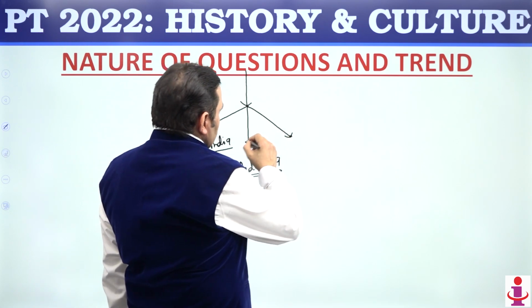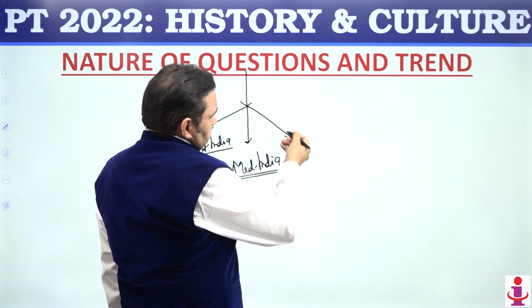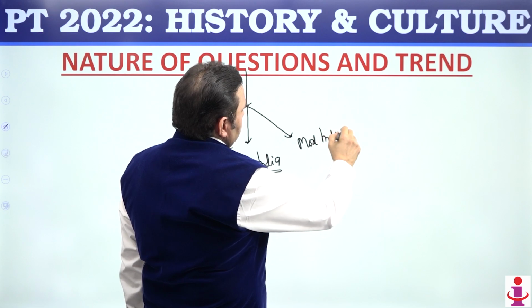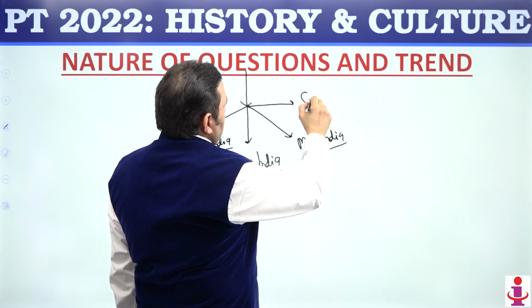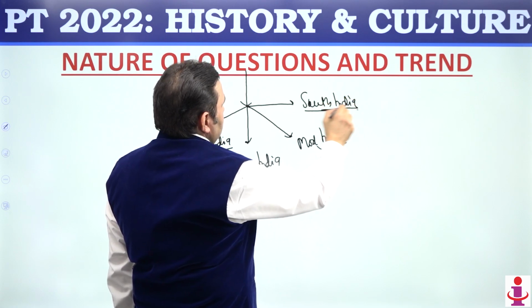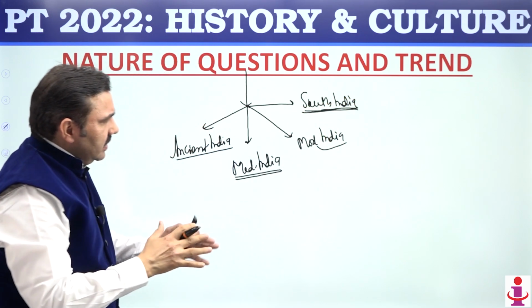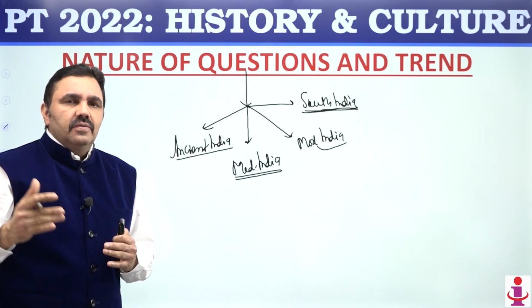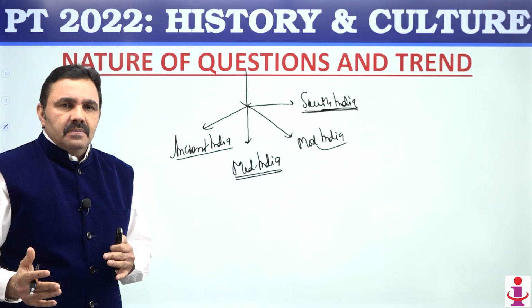Then you have questions about Mughals here. You have questions about modern India. And you have questions from South India also. So all the 4 segments of Indian history have been covered in quite an equitable manner in today's paper. So you can't afford to neglect anything of them.